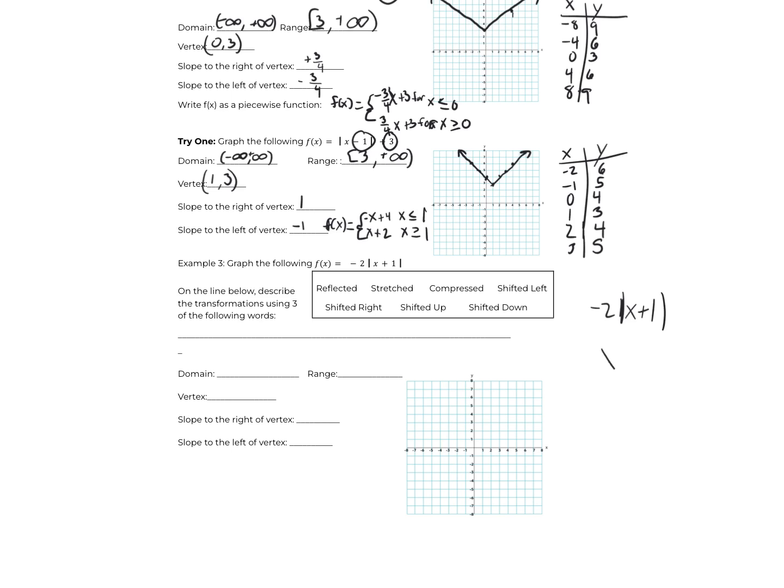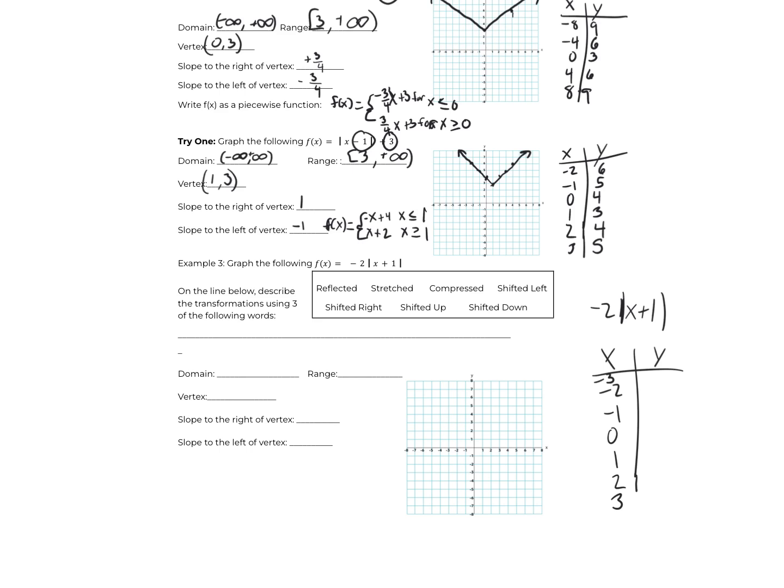So, again, we will just pick some random points here. Negative 2, negative 1, 0, 1, 2. Let's go ahead and do negative 3 and positive 3 too, just for fun.